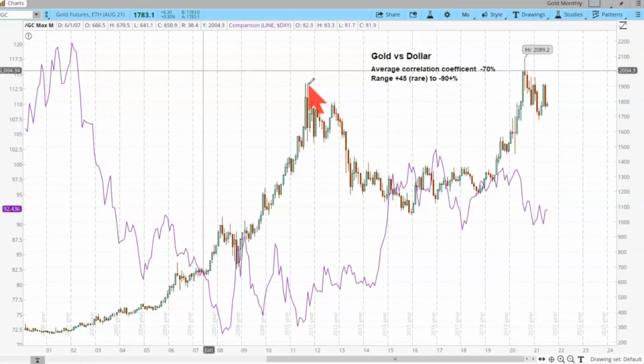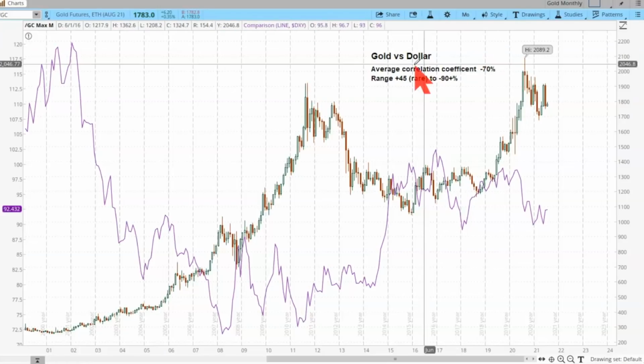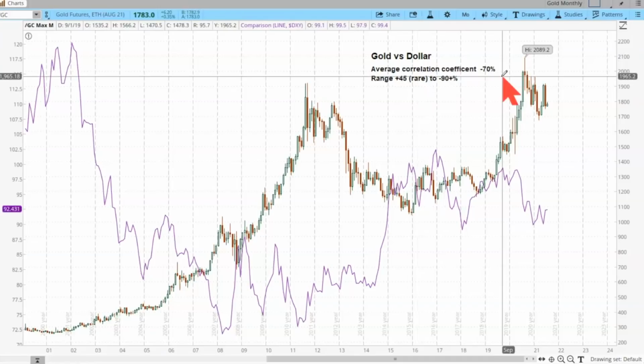Now, the reason I'm showing this chart is because I want you to see the gold versus dollar comparison, the correlations between them. The average correlation coefficient is about minus 70%. That means gold and the dollar move in opposite directions about 70% of the time.